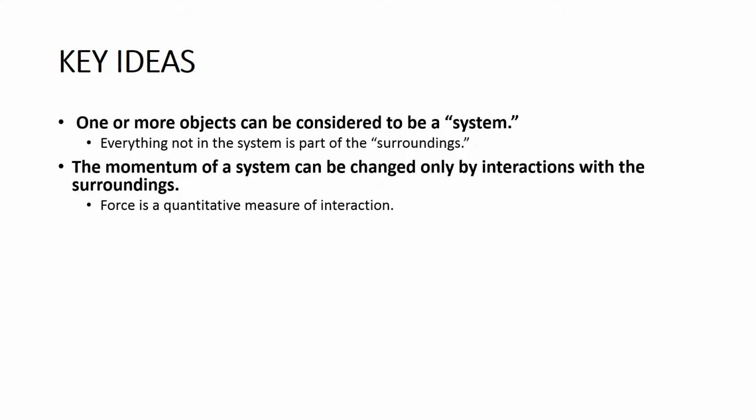Force is a quantitative measure of interaction, so it is, in a very real sense, the cause of the change. As I hope you will recall from last week, force is a vector. It has both a magnitude and direction, and the change in the momentum of the system is going to be parallel to the force that causes that change.